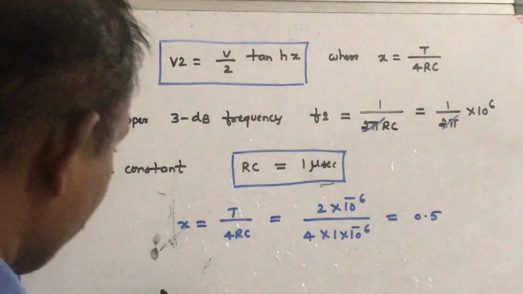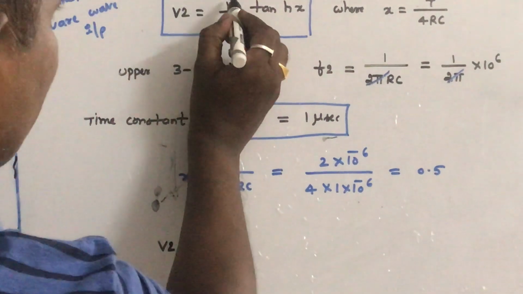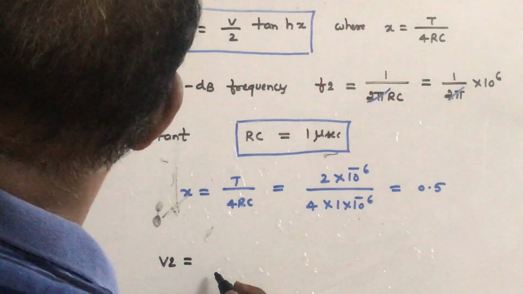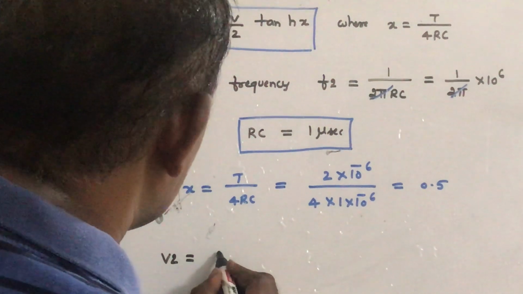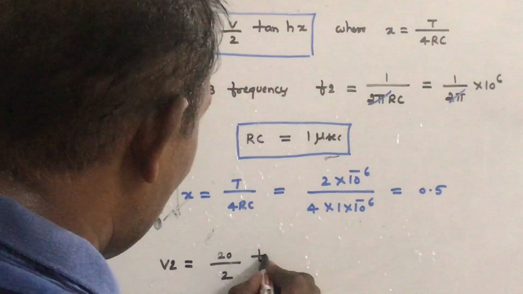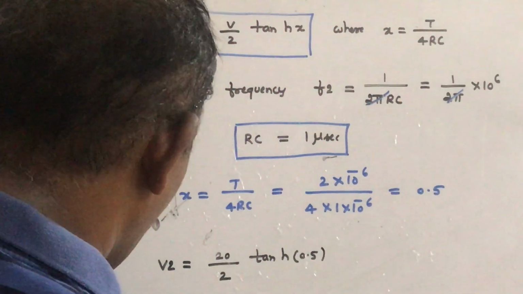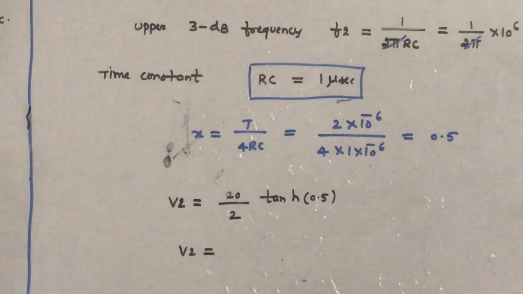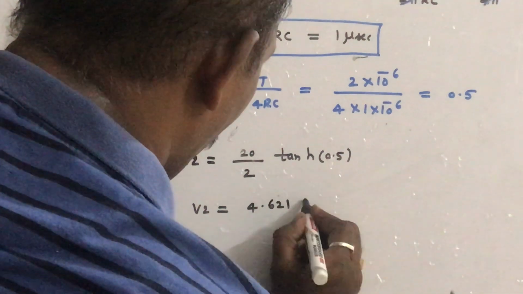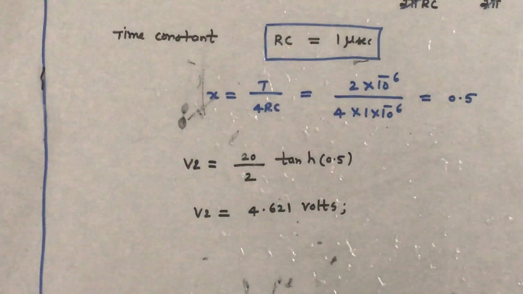Remember that V in this formula is the peak to peak amplitude. So V2 is equal to 20 by 2 into tanh of 0.5. If you calculate this, you get V2 as 4.621 volts.